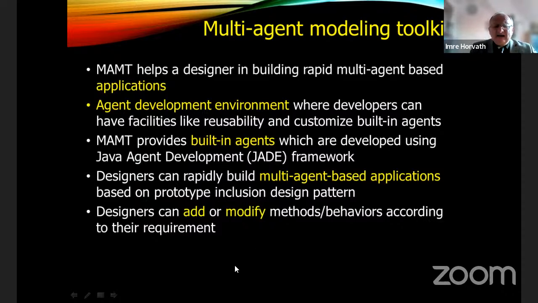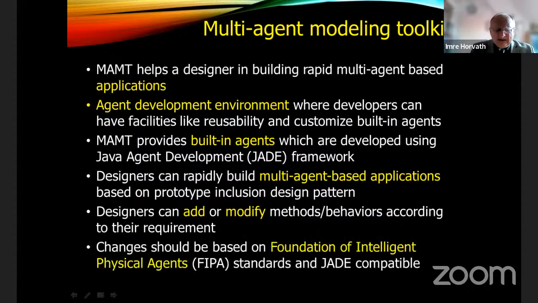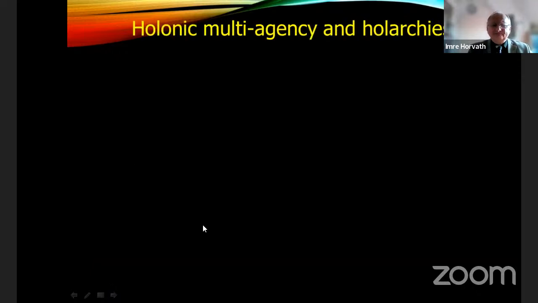Nevertheless, there is flexibility provided, a kind of level of openness with the multi-agent modeling toolkit, because the designers can add or modify methods and behaviors according to their requirements. But it is very important that in this JADE environment, every change should be according to the Foundation for Intelligent Physical Agents specification, and the designer should keep it in mind.